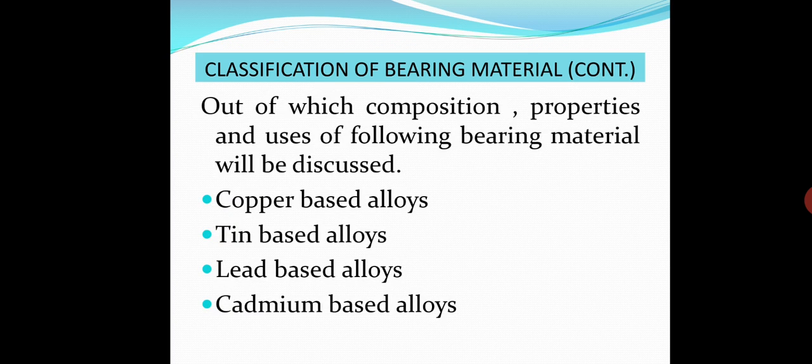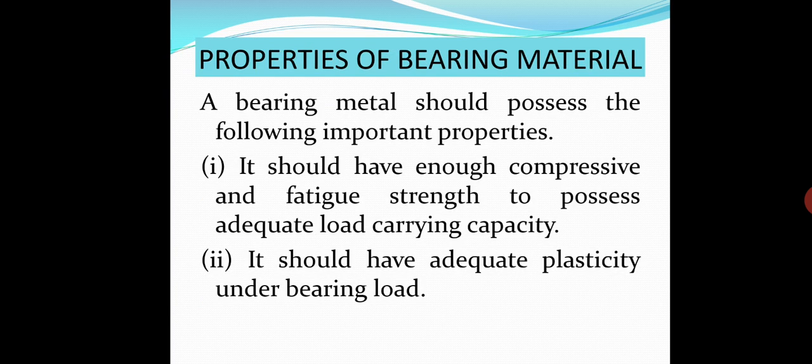Out of these 7 types, the composition, properties and uses of the following bearing materials will be discussed: copper based alloy, tin based alloy, lead based alloy and cadmium based alloys. Before discussing the properties, composition and uses of specific bearings, we will discuss the general properties of bearing material.